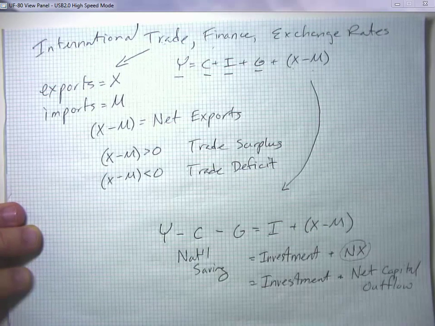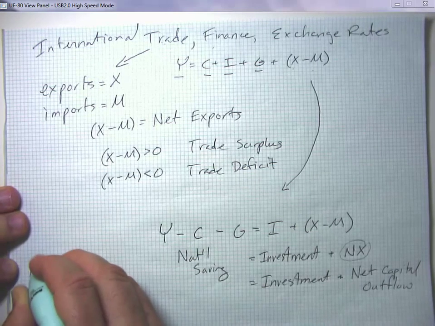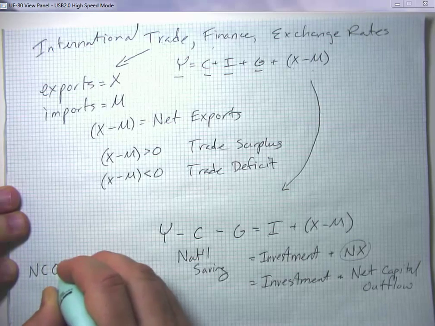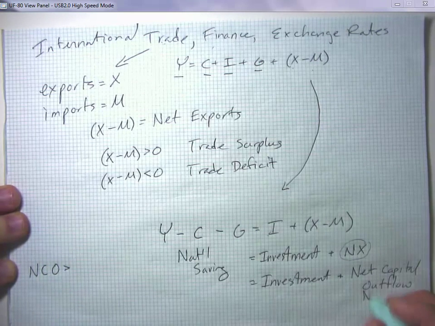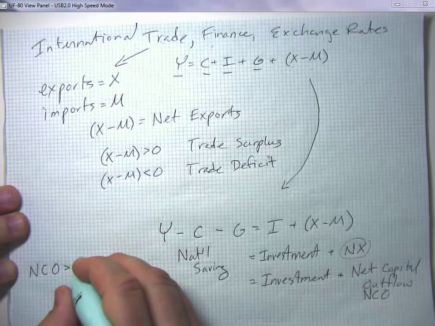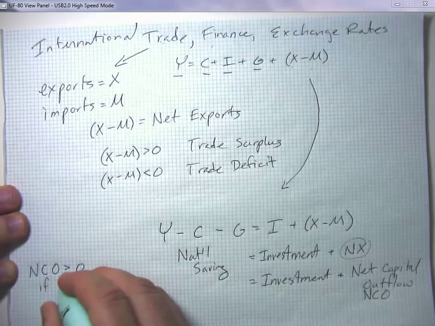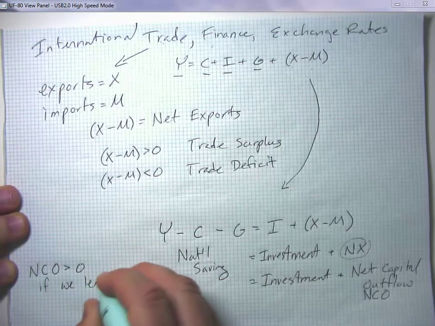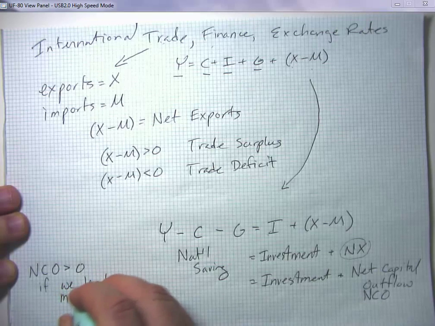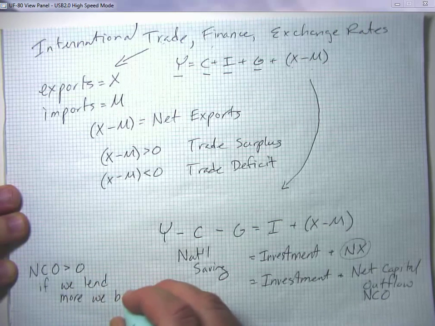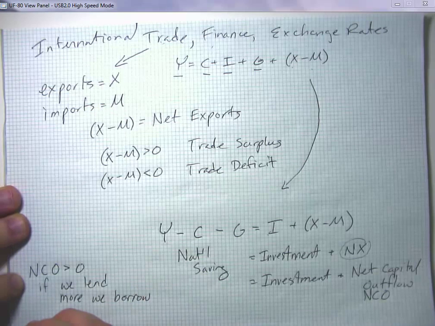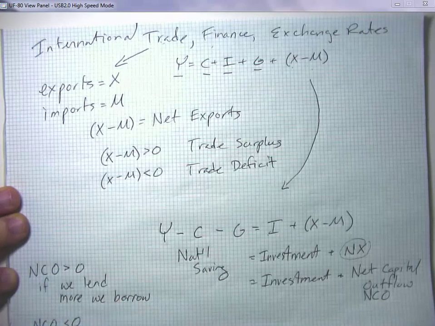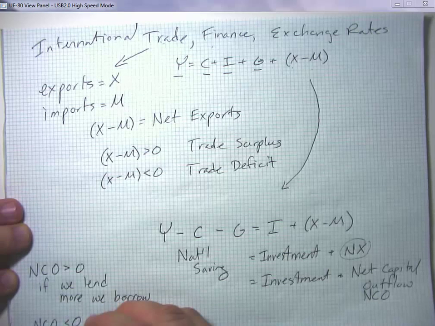So if we lend more to others, net capital outflow, NCO, is greater than zero if we lend more than we borrow. Net capital outflow is negative if we borrow more than we lend.